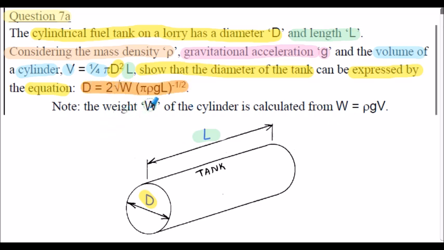Note that W relates to the weight of the cylinder, and that's calculated from the formula W is equal to rho g v. I'd encourage you to stop the presentation and attempt question 7a and try to develop your own solution to derive this equation.